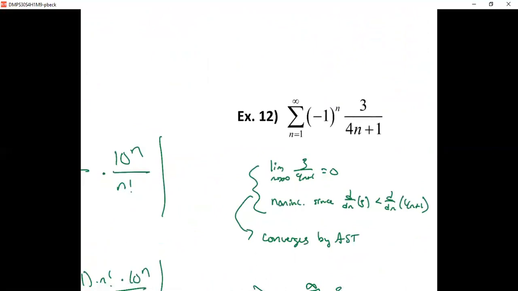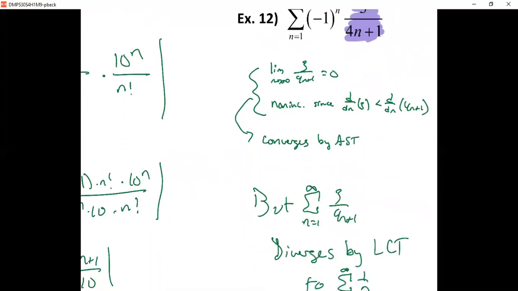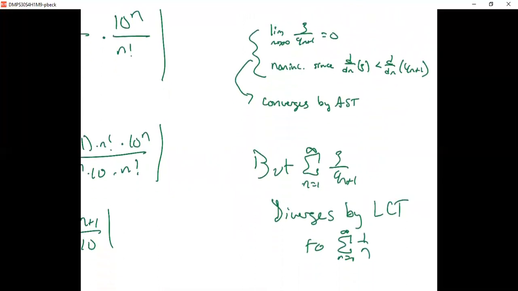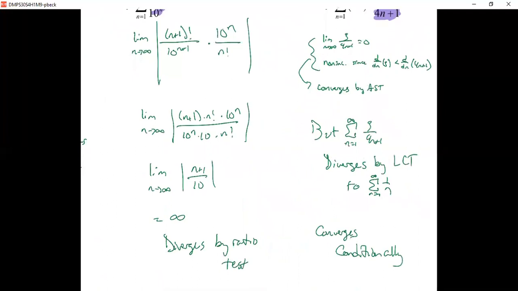Now, does this converge absolutely, or does it converge conditionally? If we take a look at the 3 over 4n plus 1, we can use the limit comparison test to compare that to 1 over n. Since 1 over n diverges, this one will also diverge. Therefore, we have conditional convergence.